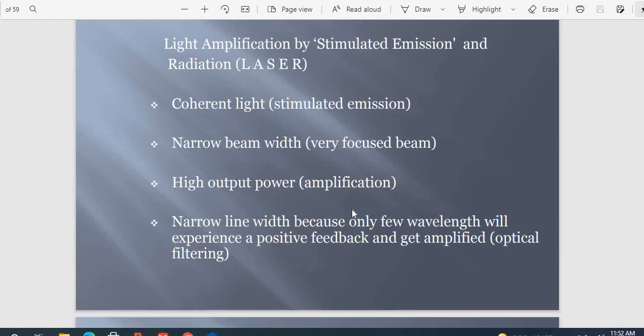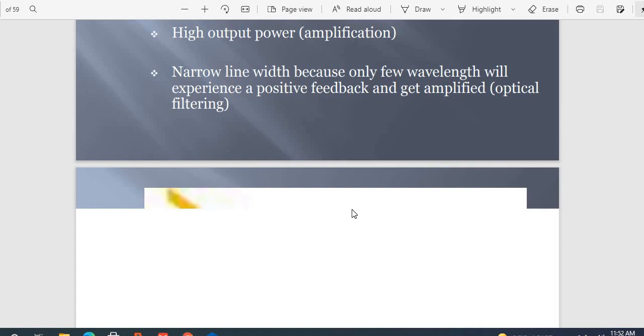What is amplification? Increasing the strength of the signal, right? Then the narrow line width, because only a few wavelengths will experience positive feedback and get amplified. It starts getting amplified by considering optical filtering, and that is how it works.